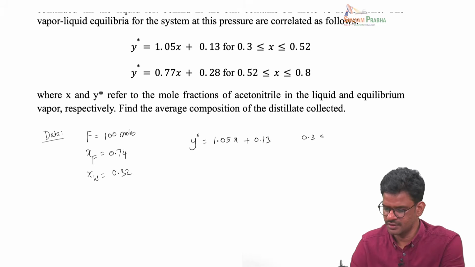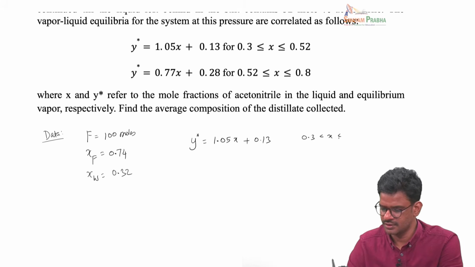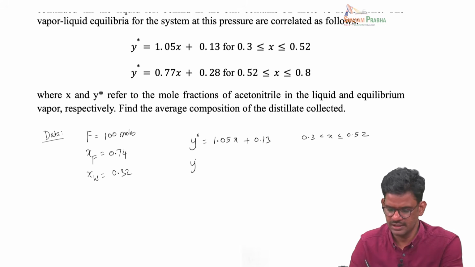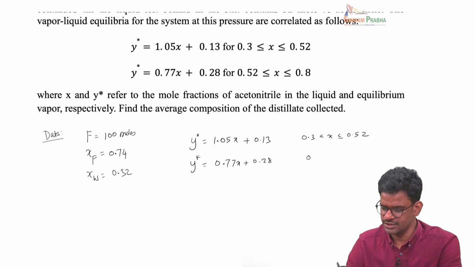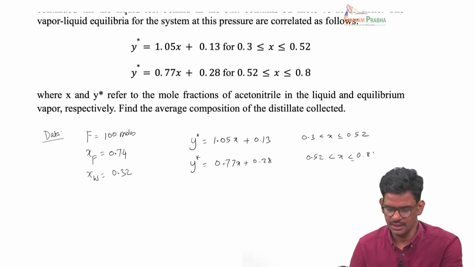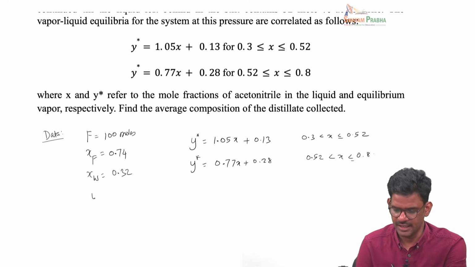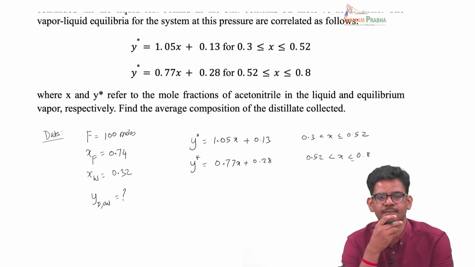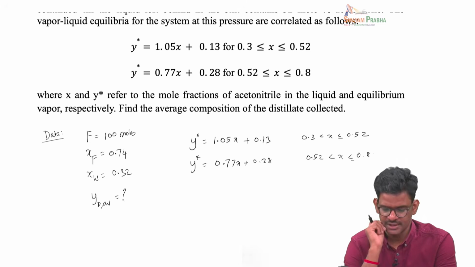This is for compositions from 0.3 to 0.52, and another equation for compositions in the range of 0.52 to 0.8. And we are asked to find the average distillate composition.